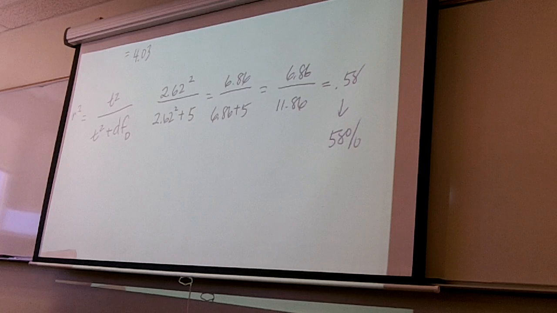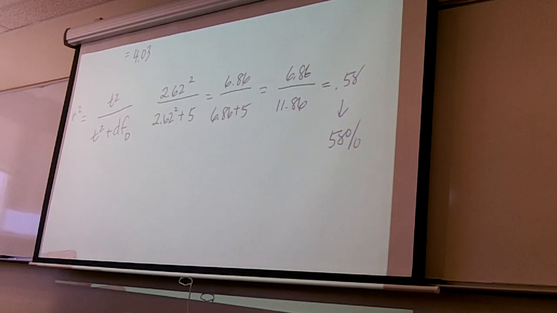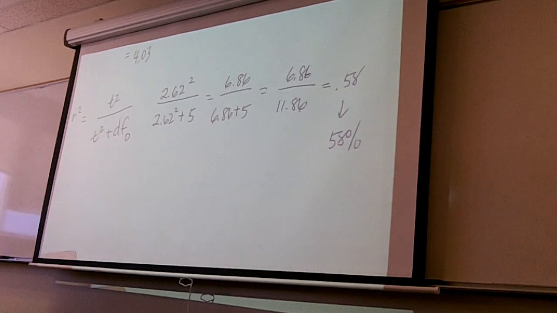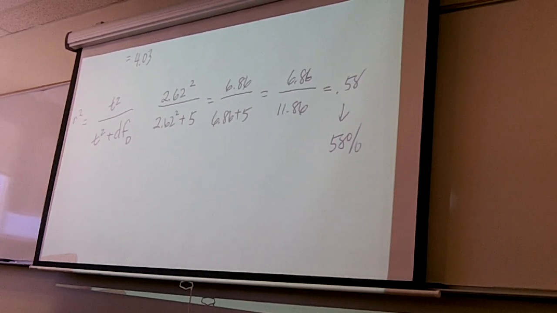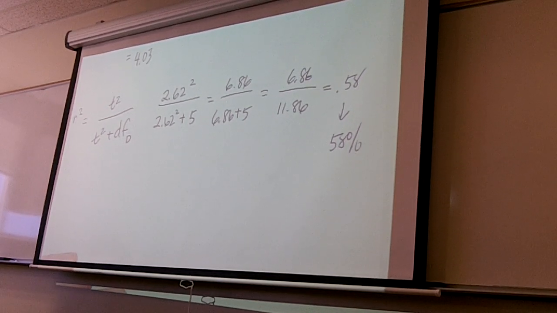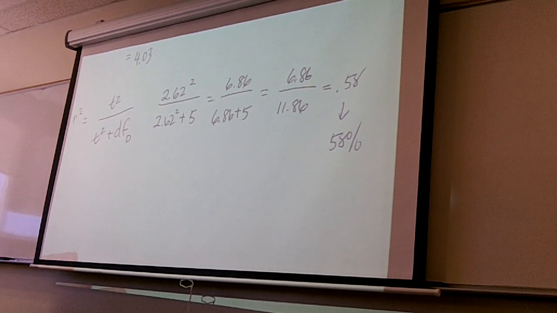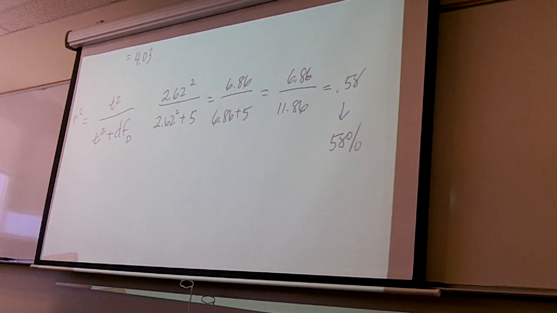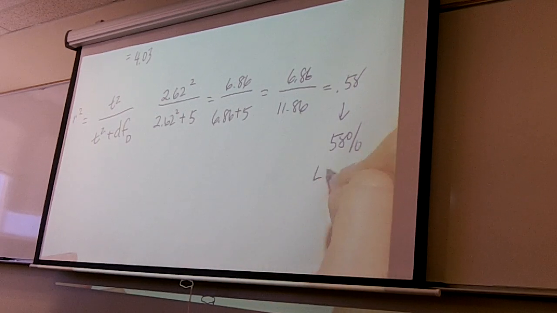For r squared, is that a small, medium, or large effect? Enormous. Enormous effect. That's huge. It means more than half of the variance between these conditions can be explained by the manipulation. That's enormous. Okay, so this is also a very large effect.